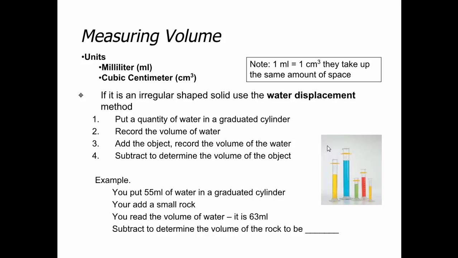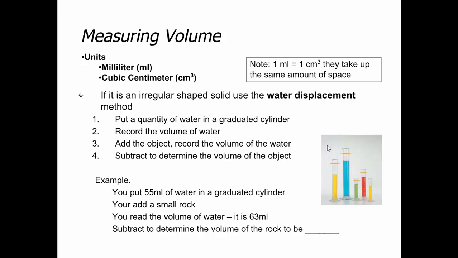They're interchangeable. But I will tell you now, you'll have a quiz sometime, and I'm going to tell you what the questions are, but still many of you are going to get this question wrong. The question is going to be: 5 cubic centimeters equals how many milliliters?